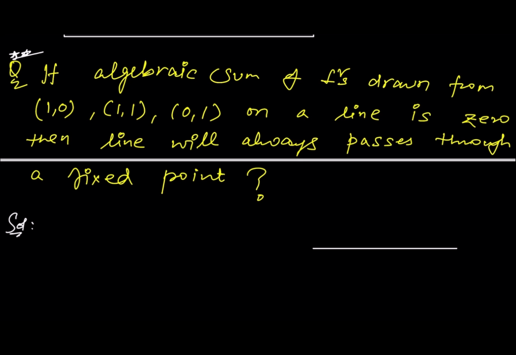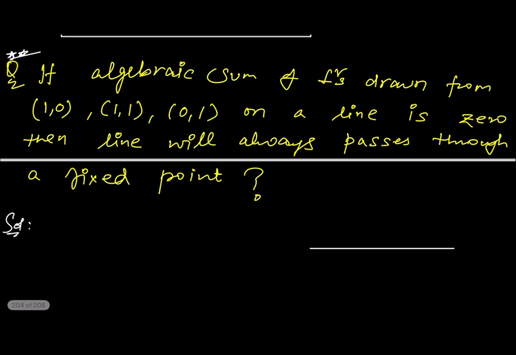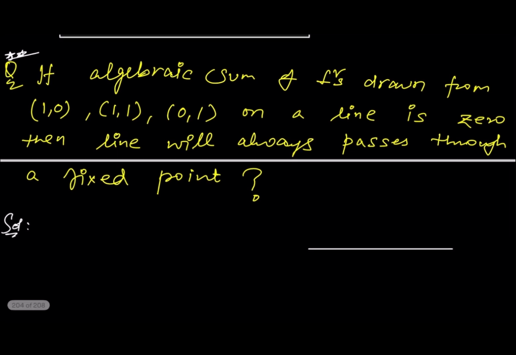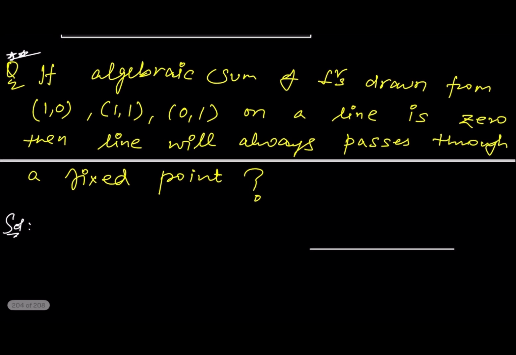It is saying that if on any line the algebraic sum of perpendiculars drawn from given points is 0, then that line always passes through a fixed point, right?